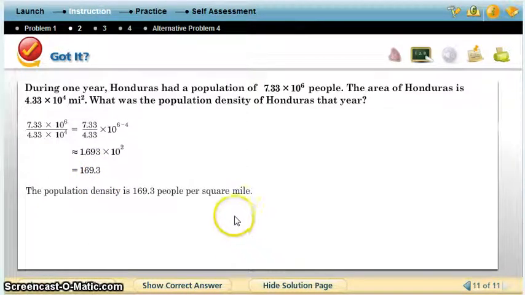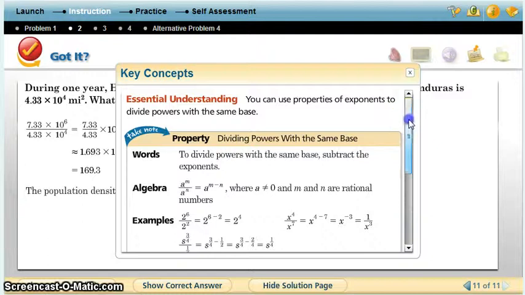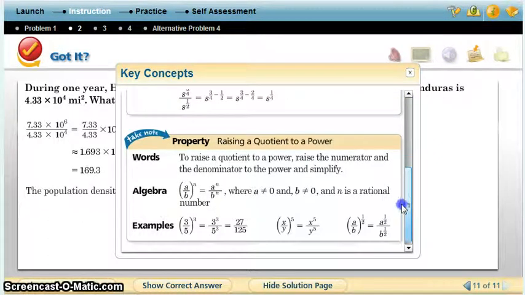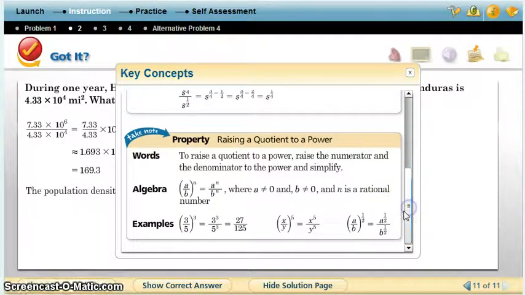All right, now the next key concept that I want to go over quickly is raising a quotient to a power. Raising a quotient to a power is like raising a product to a power. It's a lot like the distributive property. You have a quotient, which means you have a division problem inside the parentheses that you are raising to an exponent.